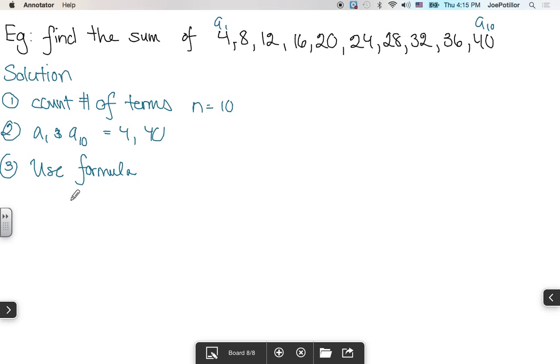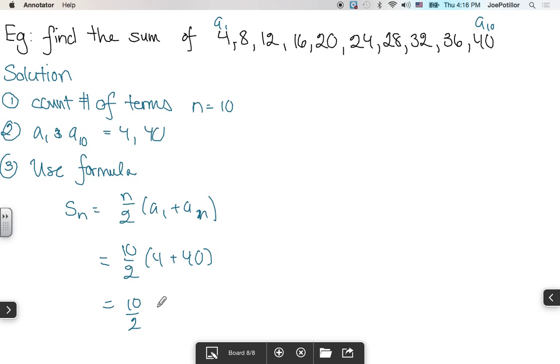Then, lastly, I can use the formula. The sum of the first 10 terms is going to be n divided by 2 times (a sub 1 plus a sub n), which is going to equal 10 divided by 2 times (4 plus 40). So this ends up being 10 over 2 times 44.